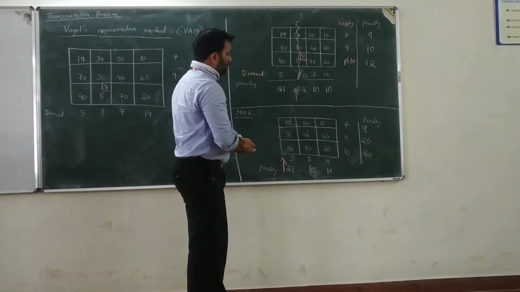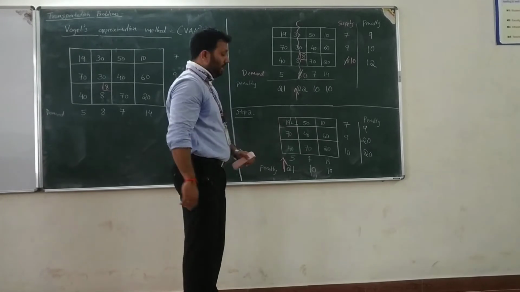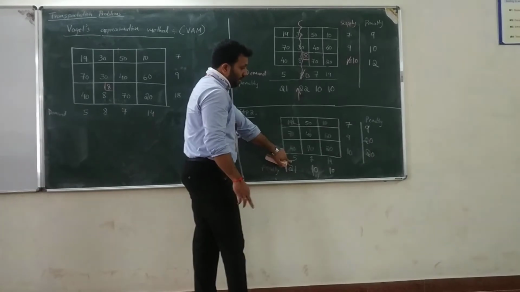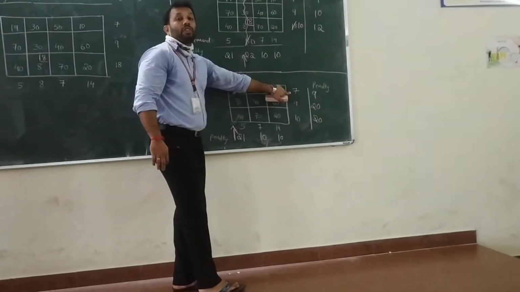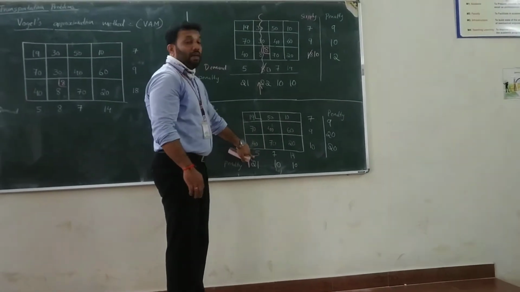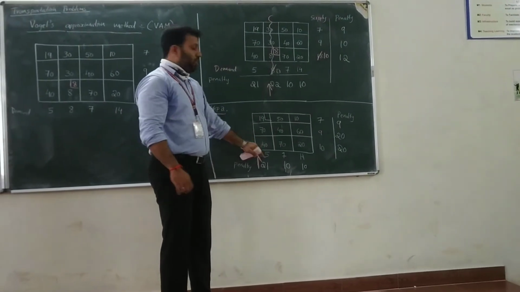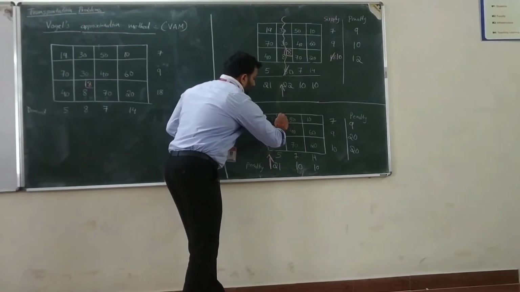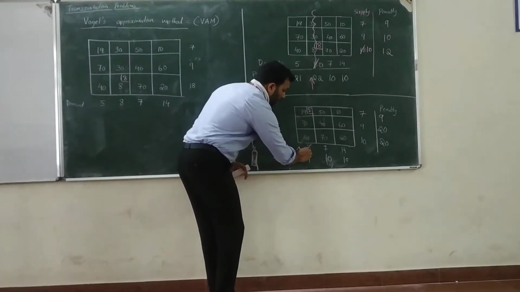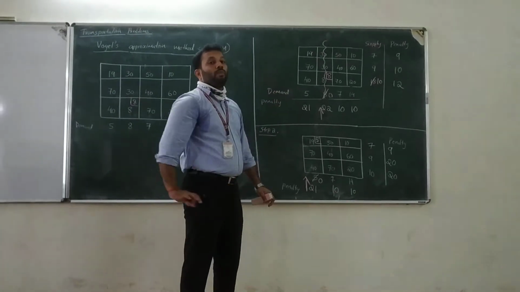The minimum value is 90, and what is the demand and supply? The demand is 5 and I have a supply of 7 units, so I have excess supply, so I can fulfill the complete demand of 5 units. That is why I am writing 5 over here. I am allocating 5 to this particular position, so that becomes 0.